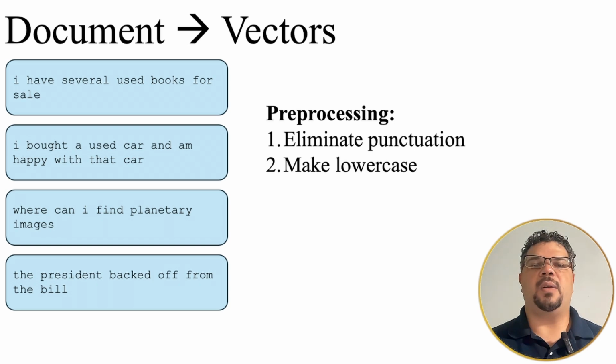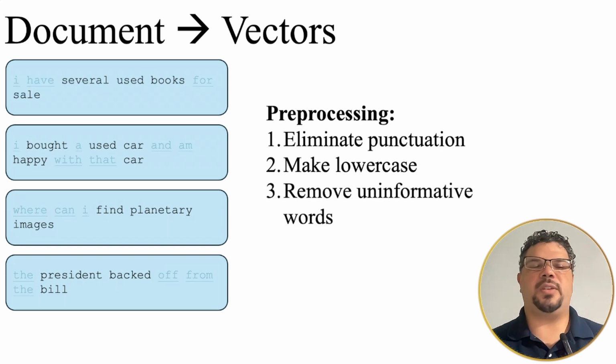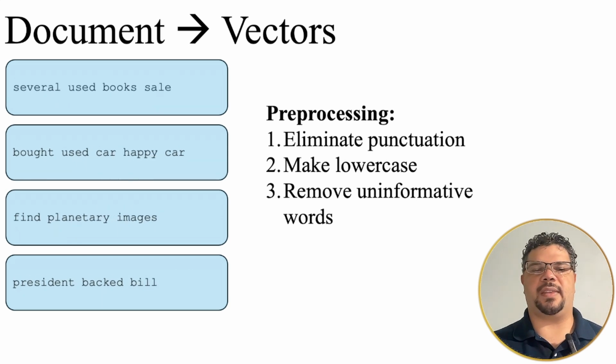We can often remove these uninformative words, sometimes called stop words, without losing too much from the sentences. In this case, we're left with: several used books sale, bought used car happy car, find planetary image, and president backed bill. I think you can still tell what was going on in the original documents from these simplified, streamlined sentences.